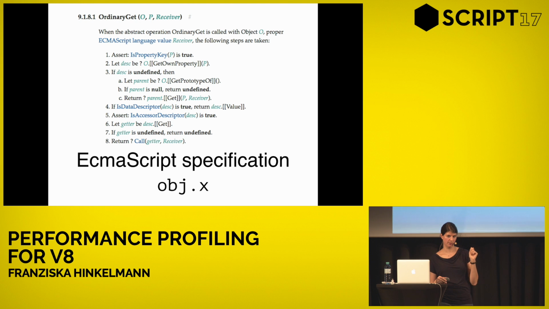So if you're a compiler and you need to be spec compliant, which we try to be as much as possible, you have to do these steps, otherwise you just wouldn't compile JavaScript. So this is highly complex, and it's happening all the time, so we need this to be fast. Otherwise, we would never get anywhere with opening a React page or something.